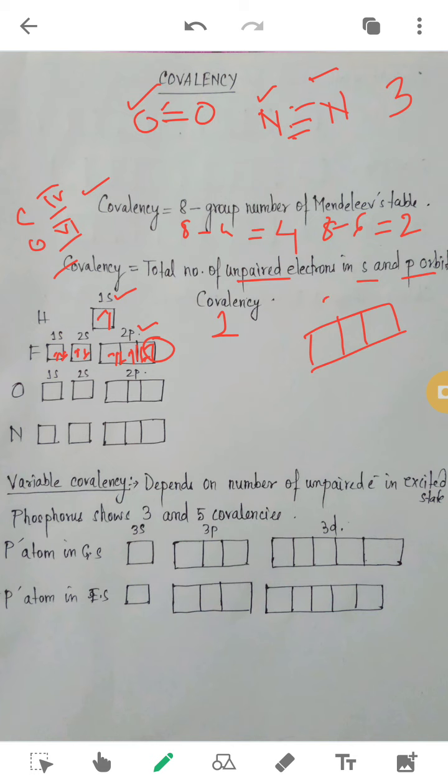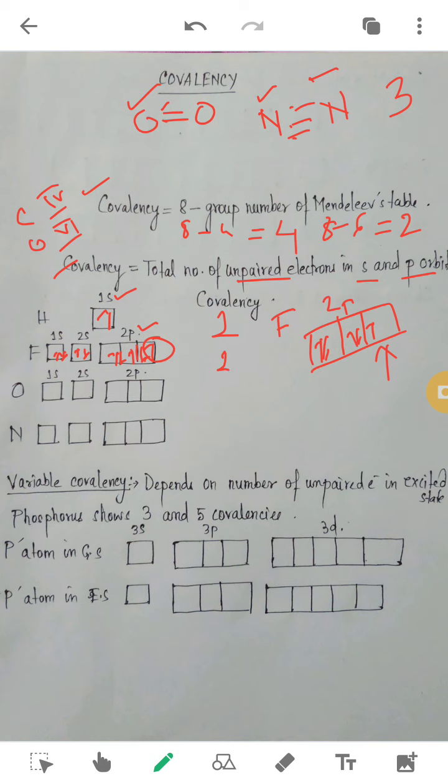So 2p is the thing. I am drawing it for fluorine. You have only 5 electrons here, so first fill singly and then pairing happens. So here you can find that this is the unpaired electron left out. So again the covalency remains as 1.